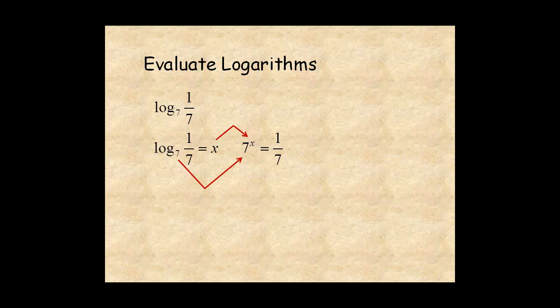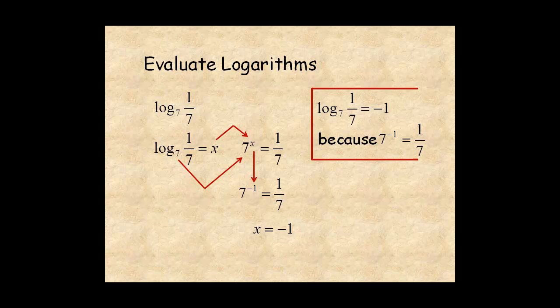You have to remember about negative exponents. 7 to the negative 1 is equal to 1 over 7, and the exponent, or log, is equal to negative 1. So the answer is log base 7 of 1 over 7 is equal to negative 1, because 7 to the negative 1 power is equal to 1 over 7. Again, for a tricky one like this, write the because statement.